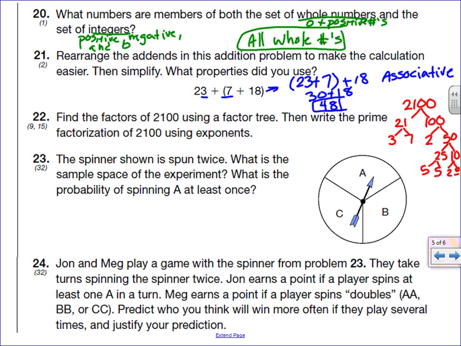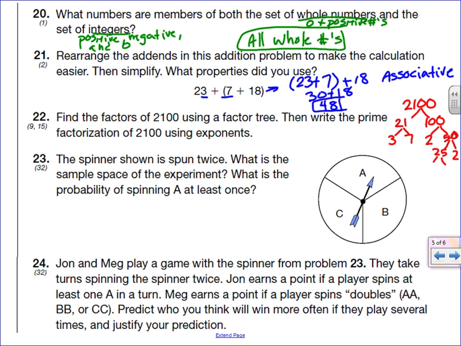Just double checking here. Oh, what am I doing? Silly me. 2 and 25, that's what it is. Sorry, guys. 2 and 50. And then factors of 50 are 2 and 25.